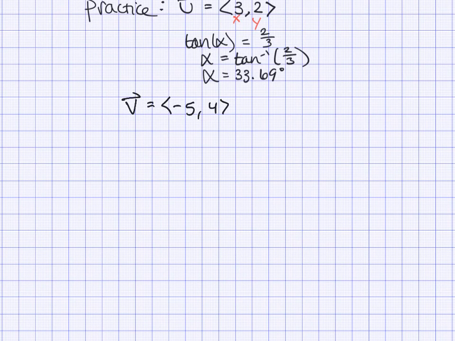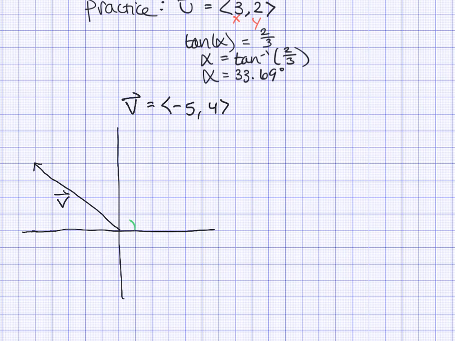So negative x value, positive y value, that's going to leave me in the second quadrant. Did not leave myself enough space. Okay, -5, 1, 2, 3, 4. So that's like there. There's my vector v.